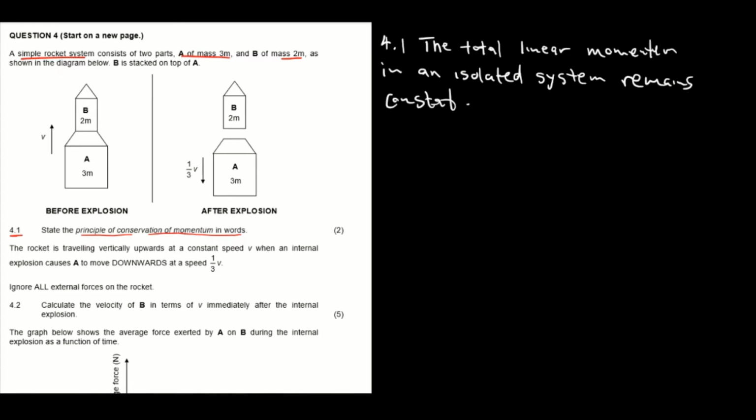When you talk about the total linear momentum, we're basically talking about the sum of momentum, which can be your P1 plus P2 depending on the system. And an isolated system is a system that is free from external forces, right?